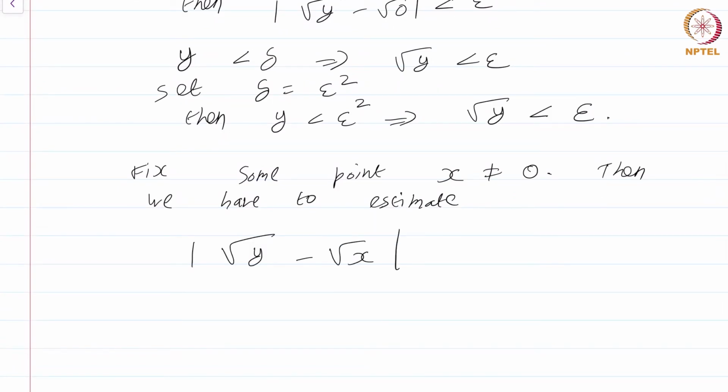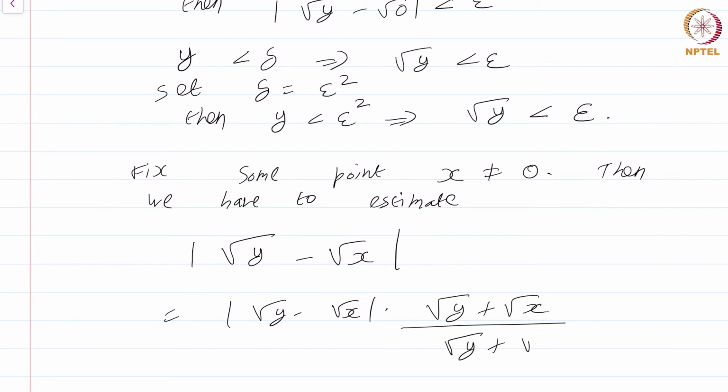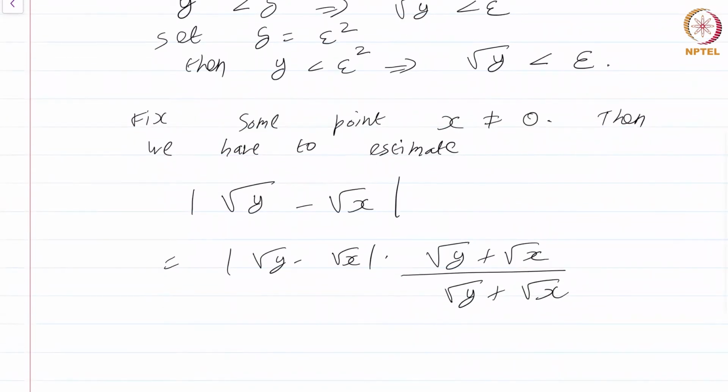Now we use the oldest trick in the book. This is equal to square root of y minus square root of x times square root of y plus square root of x, divided by square root of y plus square root of x. Right? I can divide and multiply by this. One reason for that is the denominator is not 0. Root y plus root x is not 0 here.